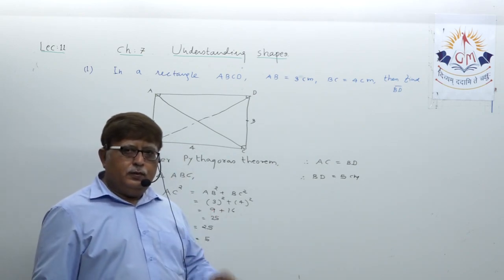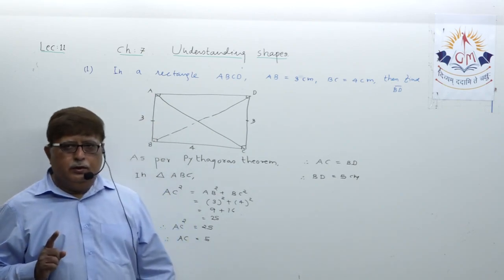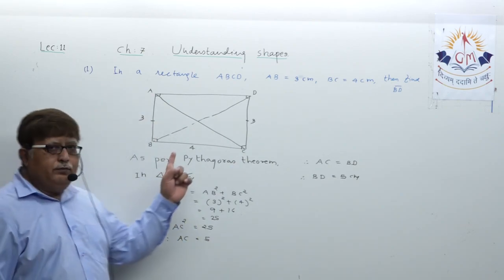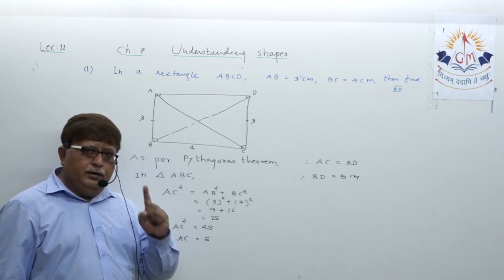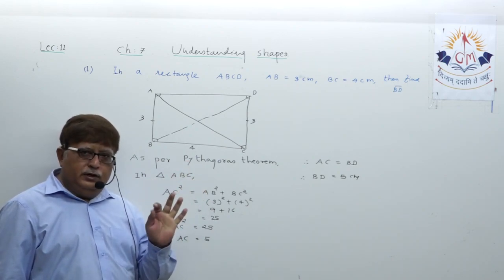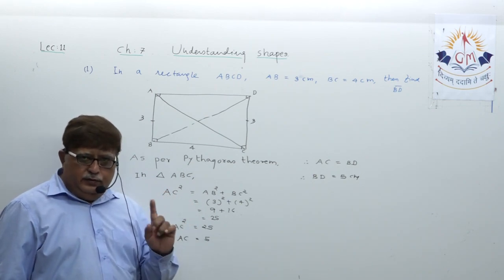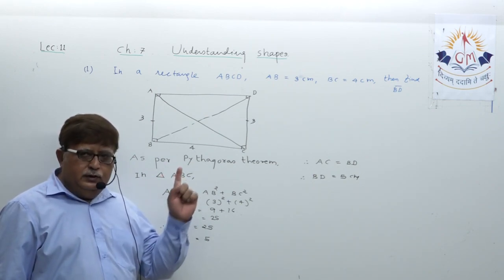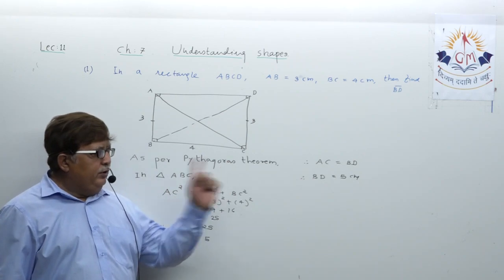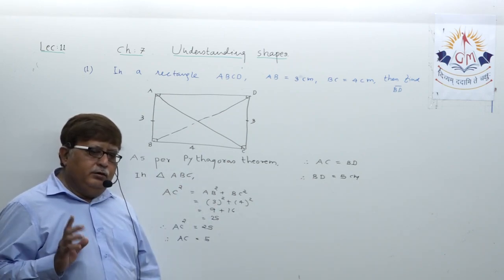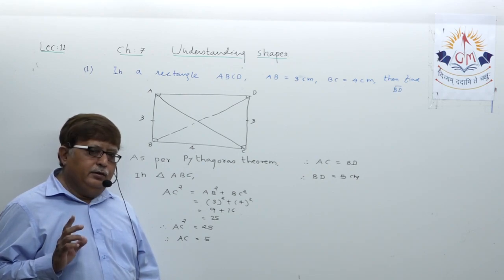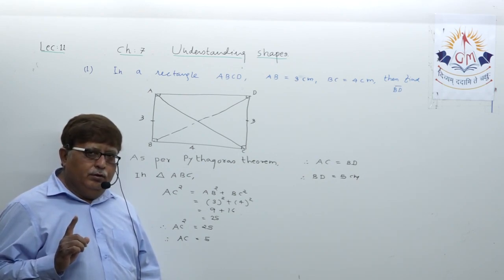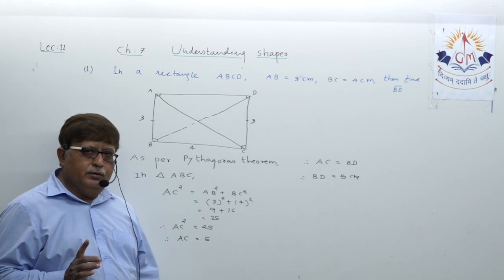Two properties we utilize here. First, all angles of a rectangle are right angle. All angles are 90 degree, that we already utilized. One another property, diagonals of a rectangle are always equal.